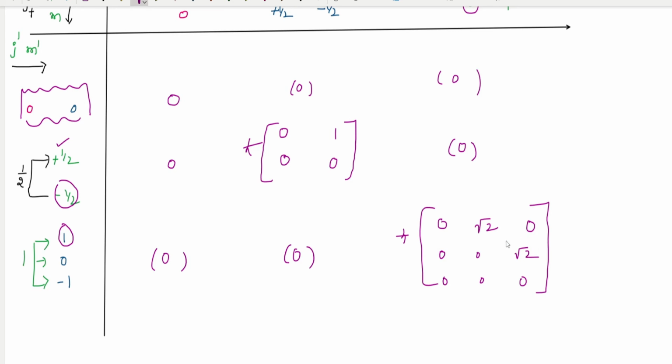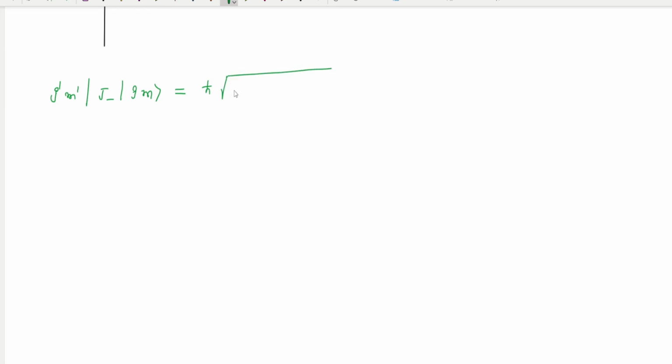So this is the j plus. In a similar way, if you try to produce the j minus, it's very important. I'm going to draw this j minus operator very quickly. Similarly, j prime, m prime. If you apply the j minus operator on this energy state, then you get h cross root of j into j plus 1 minus m into m minus 1.